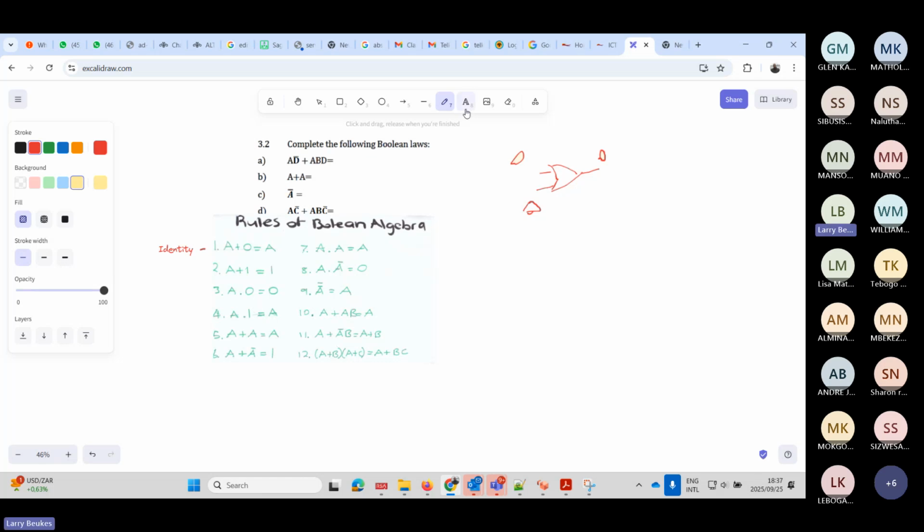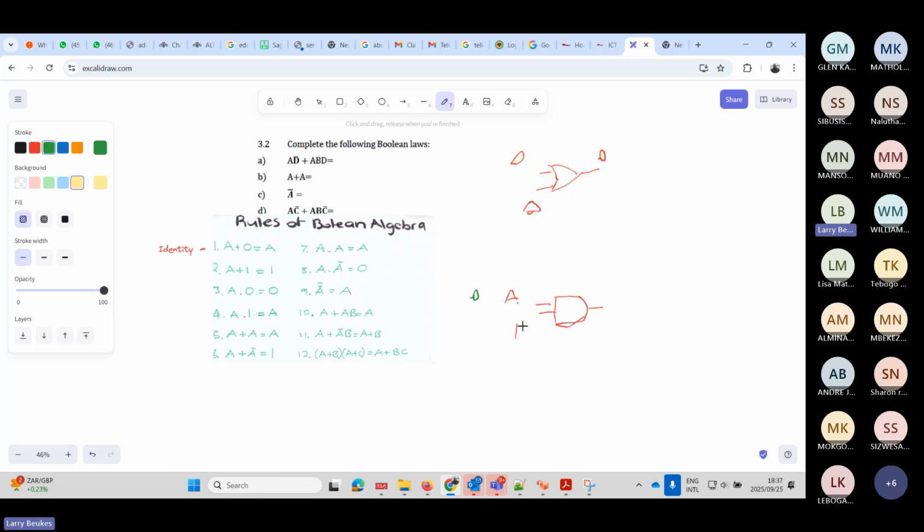So what does it say in there? It says to us that if we take A and then we AND it with a 1, the output will be that A. So let's say the value of A is 0 this time around, right?